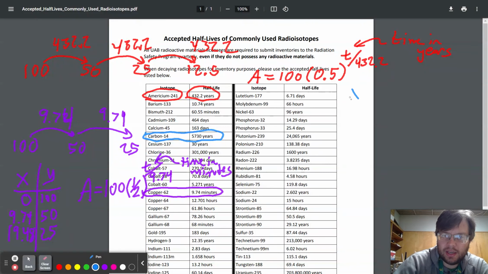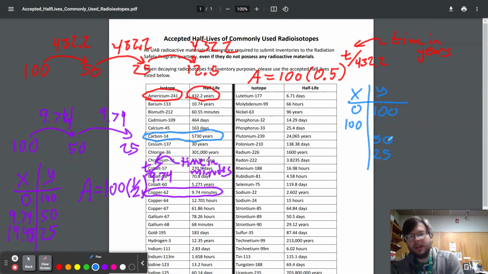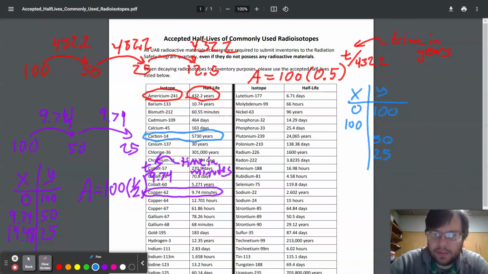So if I had a table looking like this, where I start with 100, and let's say I want to find a few values. Let's say I want to know how much is there after 100 years. I want to know when it reaches 50 and when it reaches 25. I can fill in some of those values.